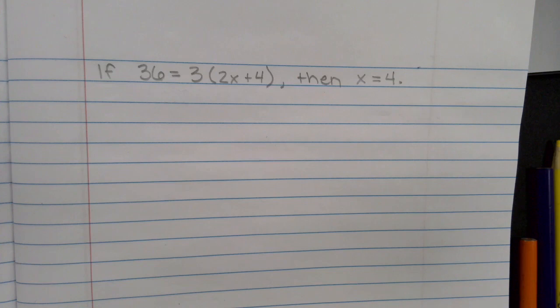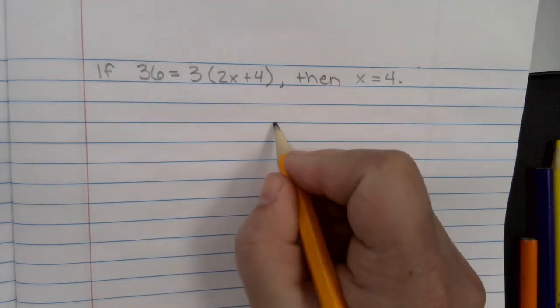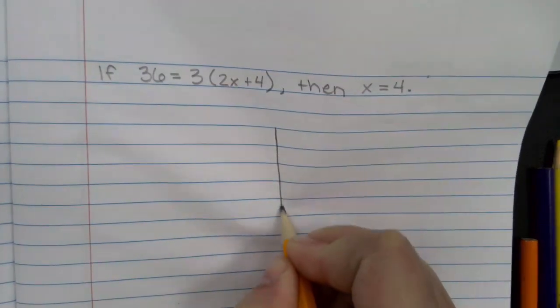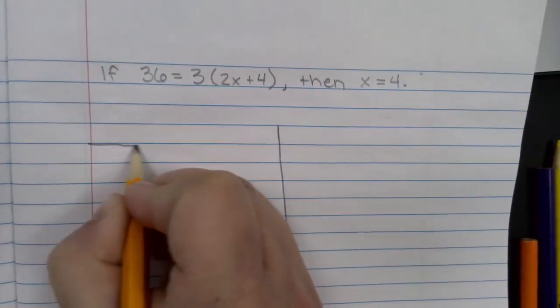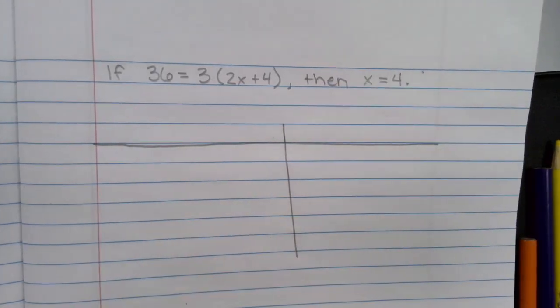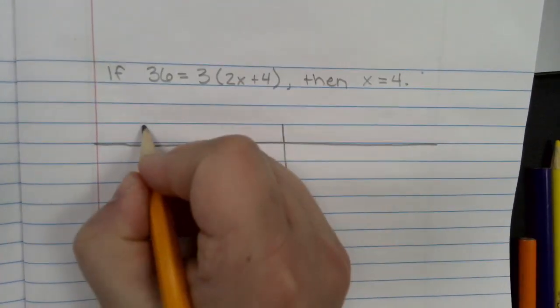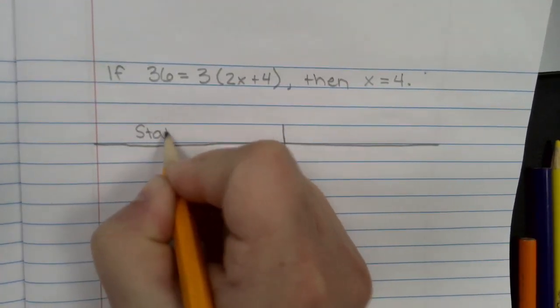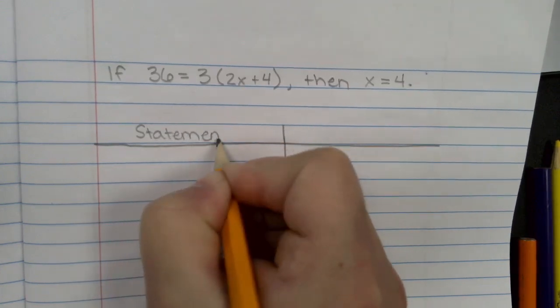So remember, columns go up and down. So when we do this 2-column proof, the left side is always our statement, which is kind of like our work.